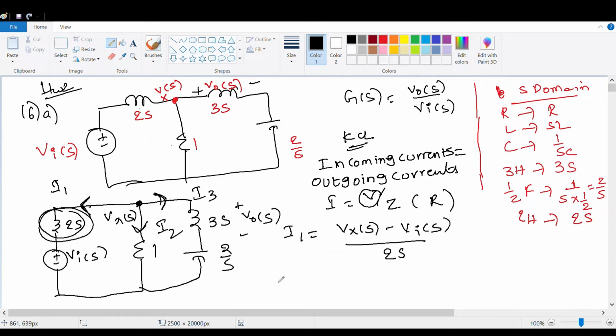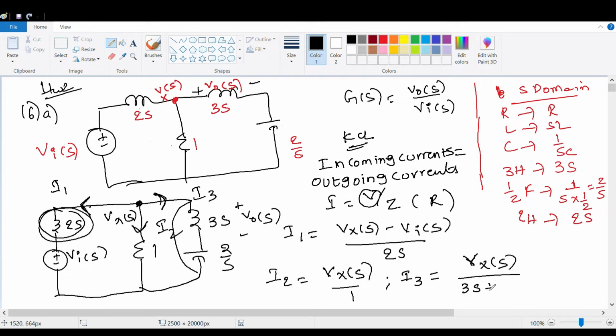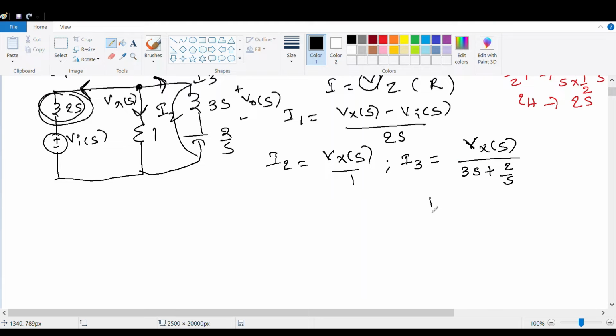Now I2 is Vx of S by 1, and I3 is Vx of S by the series impedance, since if two elements are in series we can add them, so I3 becomes Vx of S by s by 2 plus 3s square.